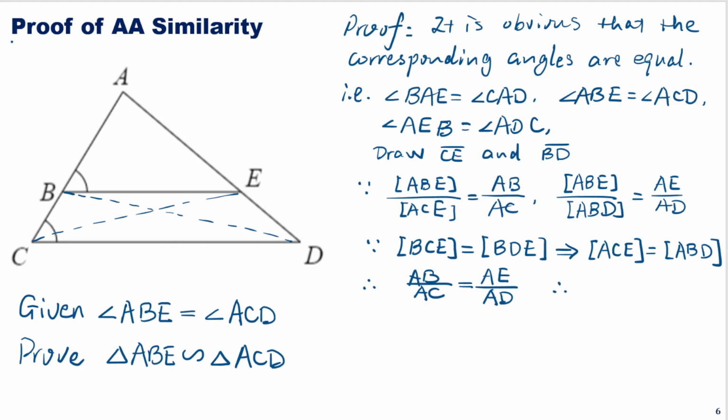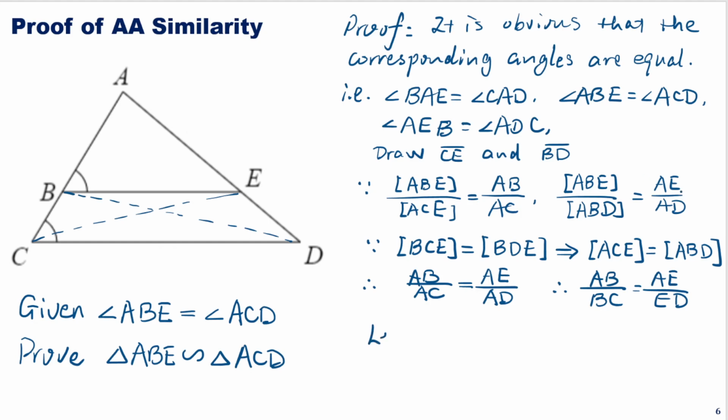And therefore, if AB over AC equals AE over AD, that means AB over BC also equals AE over ED, right? Can you follow me?